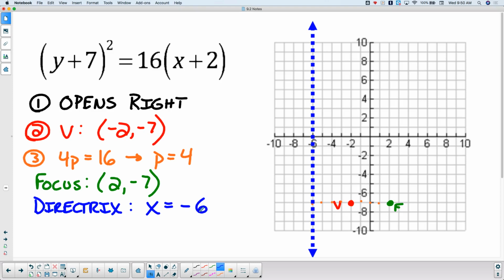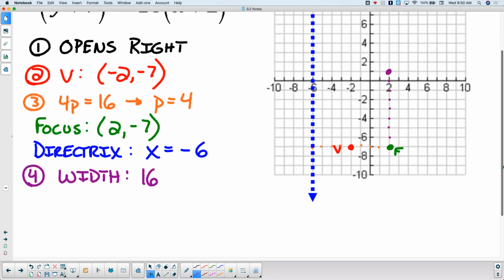Okay. Step number 4 said that my width through the focus is 16, which means I go up 8, and I go down 8. Uh-oh, we're going to go off the graph. Are we scared to go off-roading?